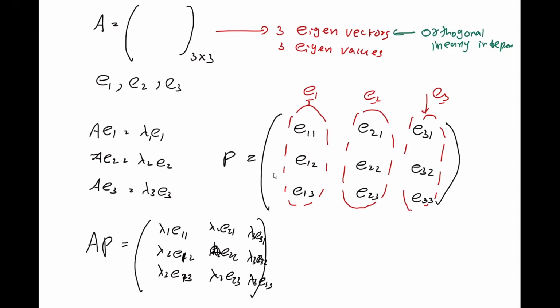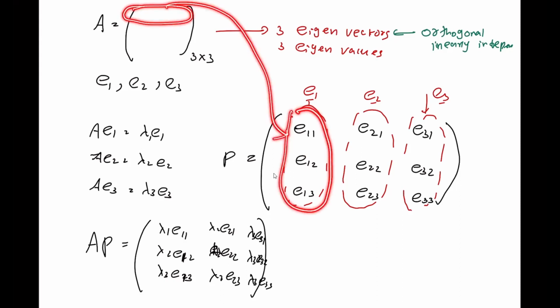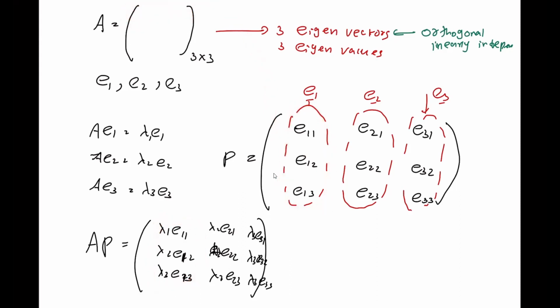You can see when you perform matrix multiplication, you take a row of this and multiply with the column of this. So if you consider only how this first column comes, it is nothing but the matrix and the vector E1's matrix product. So if I concatenate this matrix in a way like this, let's say E1, E2, E3, these are column vectors.